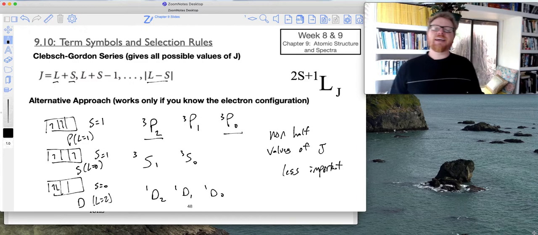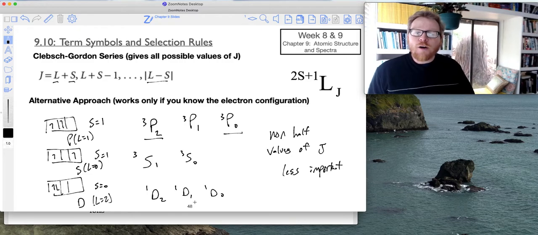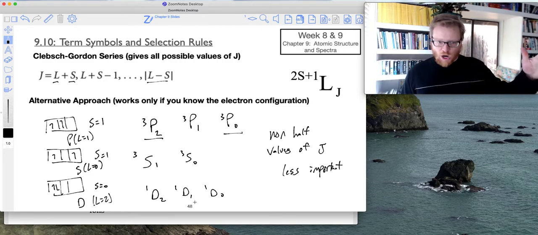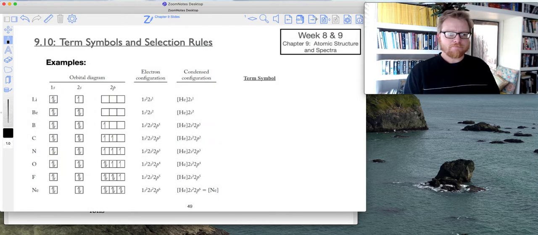So when we see a non-half integer of J, and all of these are non-half integers of J, oftentimes people just discard that term right there because it's less important for spectroscopy. However, when we do have J 3/2 or J 5/2 or J 7/2 even, those terms are important and they're often included, okay?